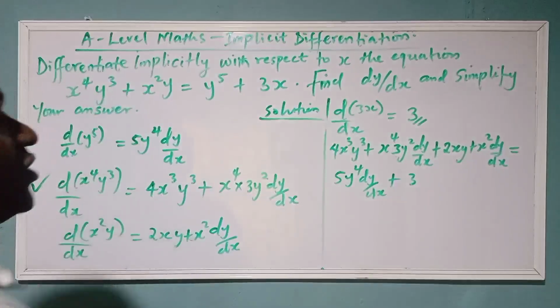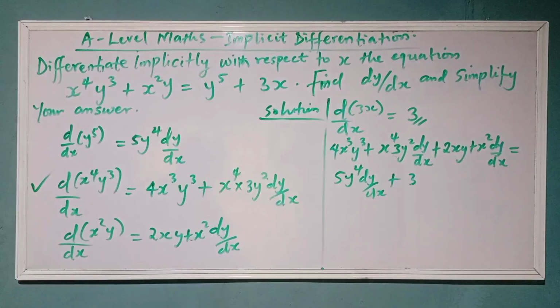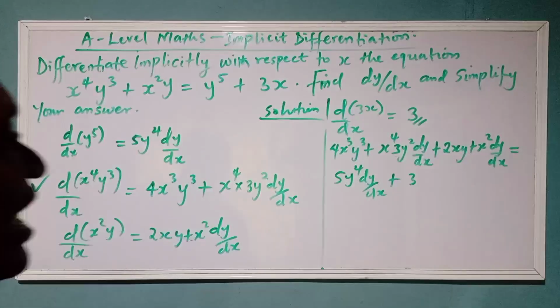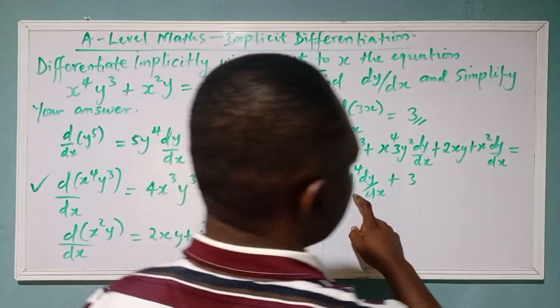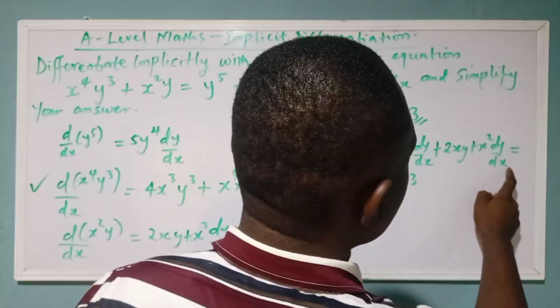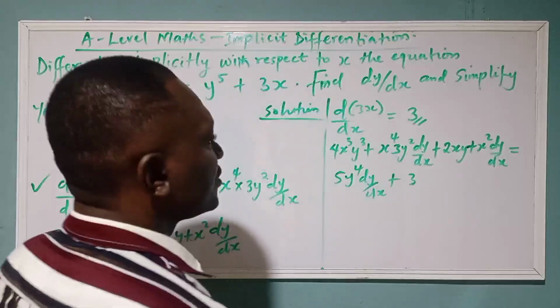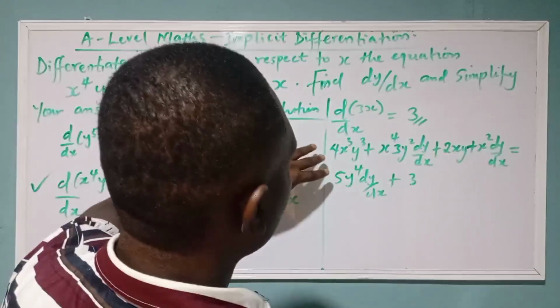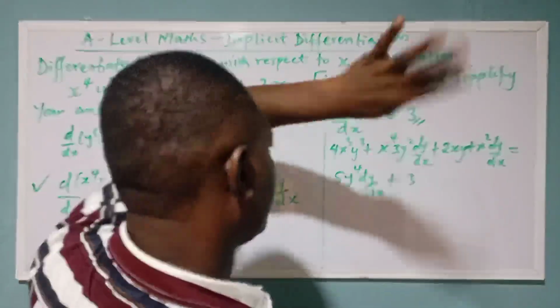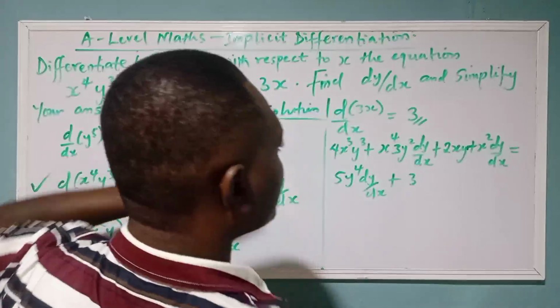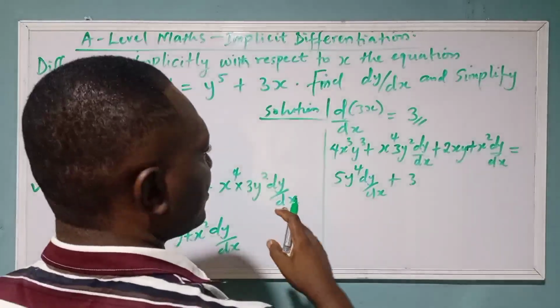Okay, so let's collect all the terms that have dy/dx. We have one here, one here, and one here. All the ones with dy/dx go to the left-hand side, and the ones without dy/dx go to the right-hand side.